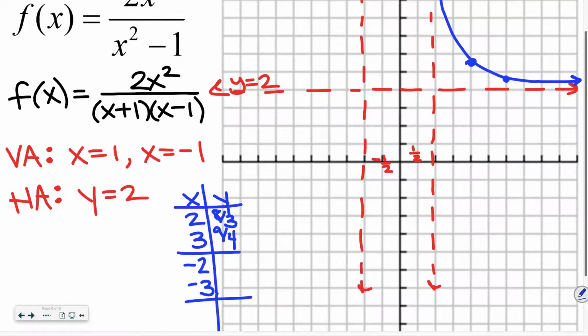Plugging in 2 times -2 squared over -2 squared minus 1, we get the same thing. And when we plug in -3, 2 times -3 squared over -3 squared minus 1 gives us 9/4 again.